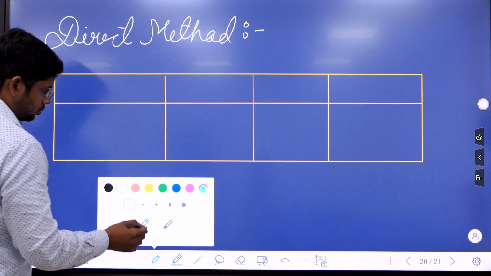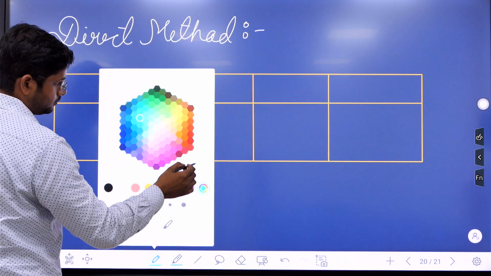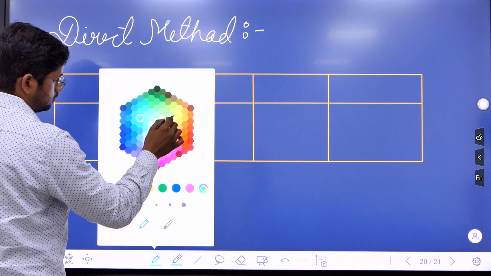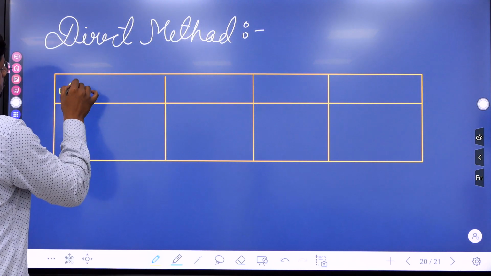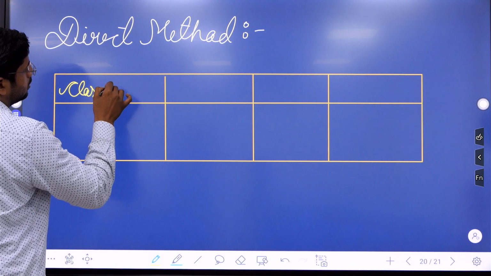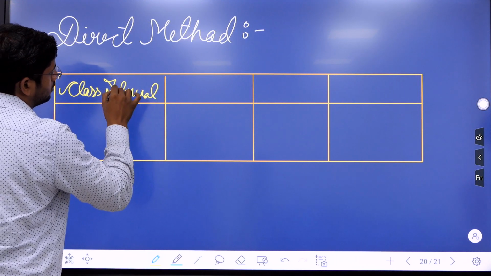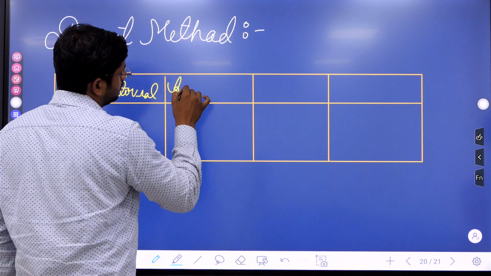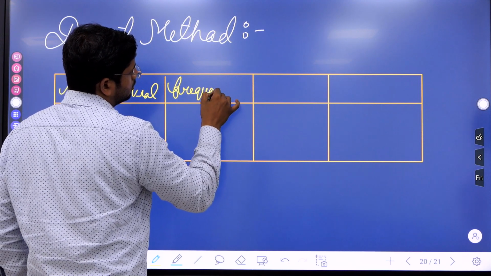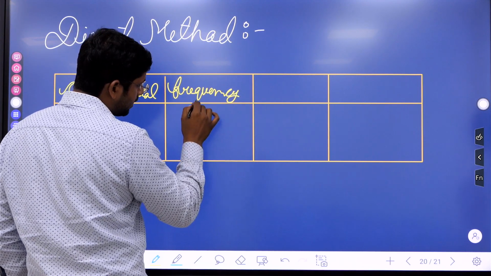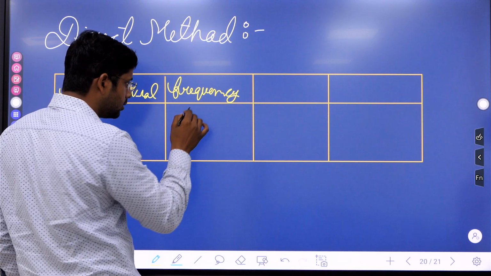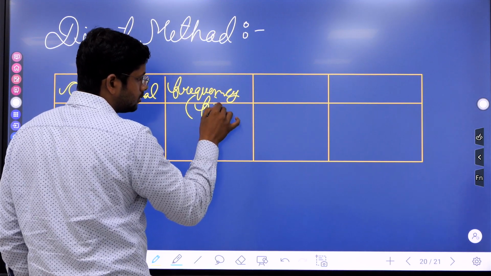Now you watch. Class interval, and then you write frequency. If you want to write the word frequency in a short way, you directly write fi.